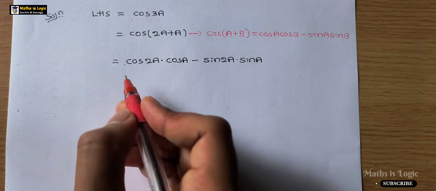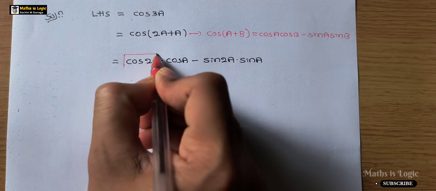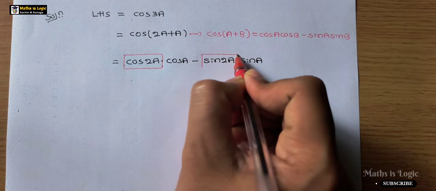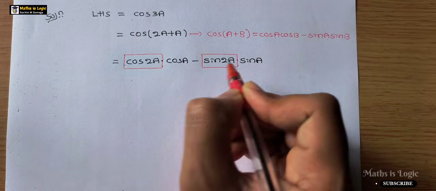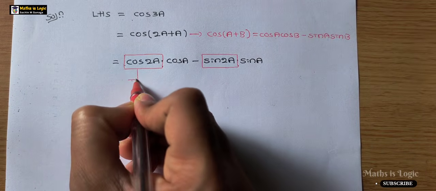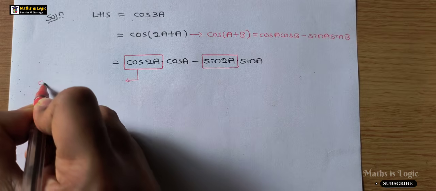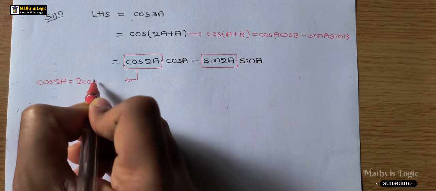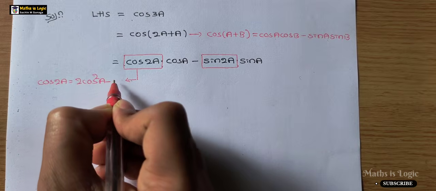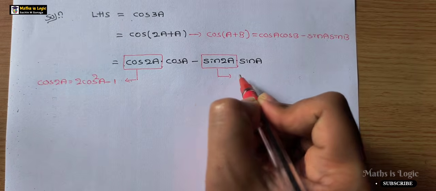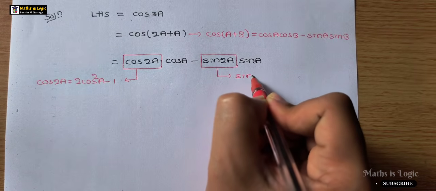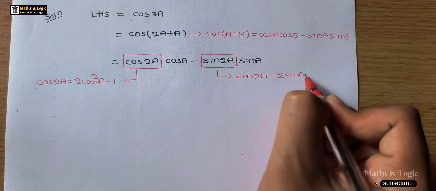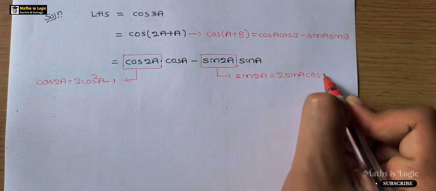Next, we know the formula for cos 2a and sin 2a. So what is that formula? Cos 2a is 2 times cos square a minus 1, and the sin 2a formula is 2 sin a into cos a.